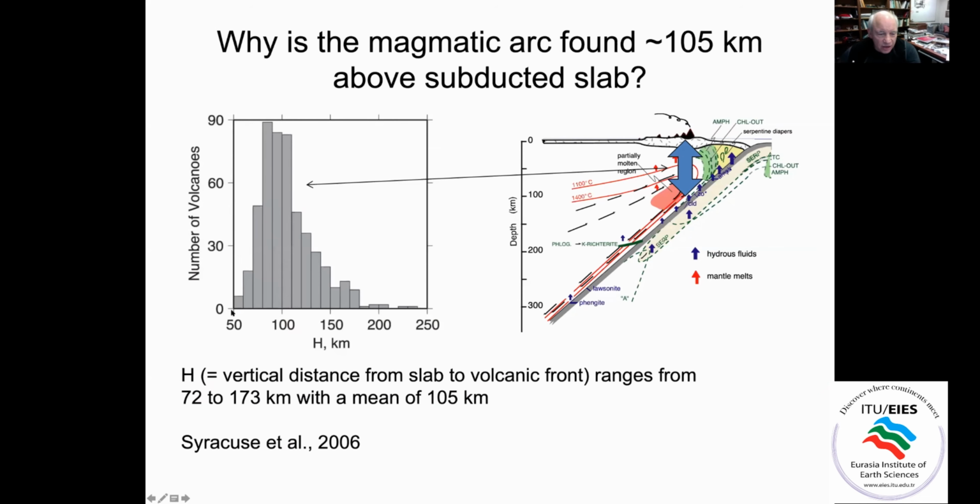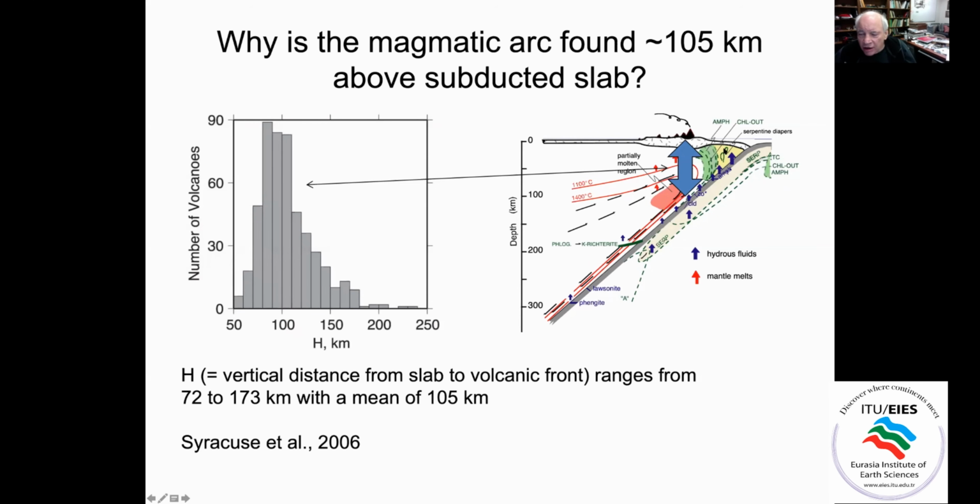So this is a compilation of H, which is the distance from the surface down to the subducted slab underneath the arc volcano, the main arc volcano, the magmatic front. And what you see is this region is where the asthenosphere makes its U-turn. It's being dragged down, so new stuff has to come in. And so this seems to be the effective terminating radius of mantle asthenosphere.